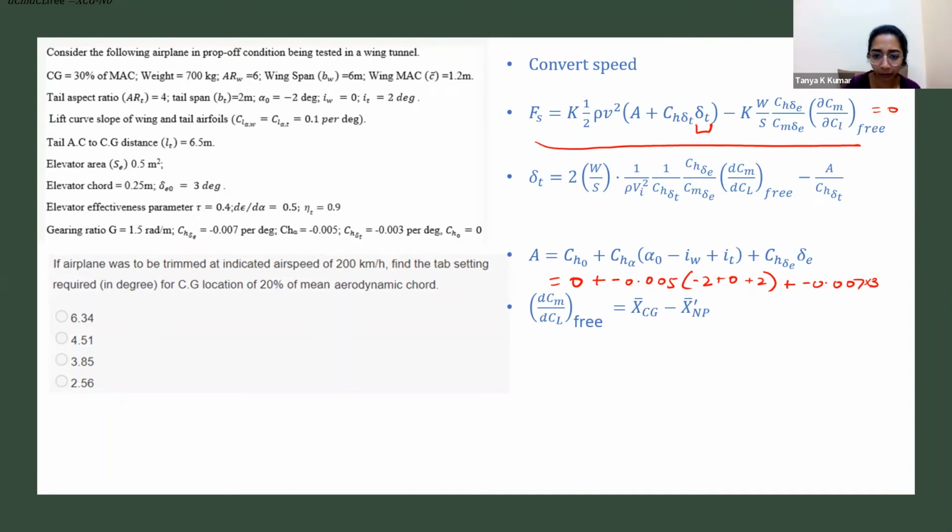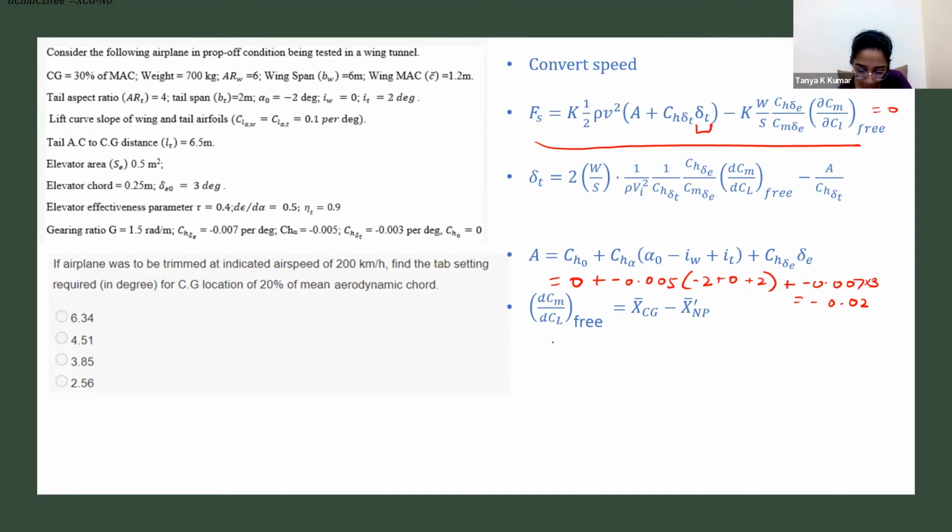Can you compute this value quickly and tell me? Okay, let me calculate it. Now this dCm by dCL has changed because the CG location has changed.